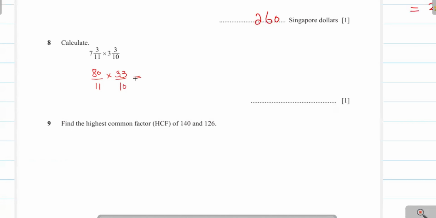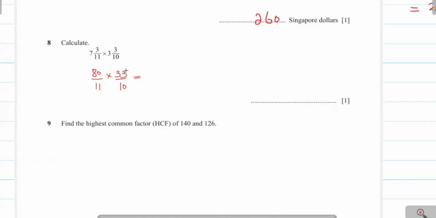And we can simplify this. If we divide this 33 by 11, we get 3, and this value is also divided by 11, we get 1. Therefore, we get 80 over 10 multiplied by 3. 10 times 8 is 80, and 10 times 1 is 10. Therefore, 8 times 3 is 24. This is the answer.